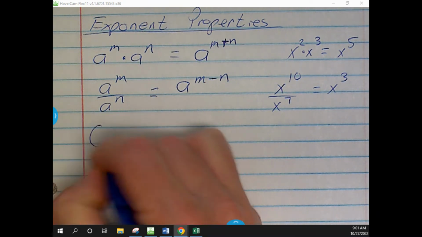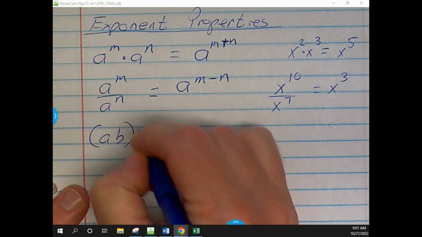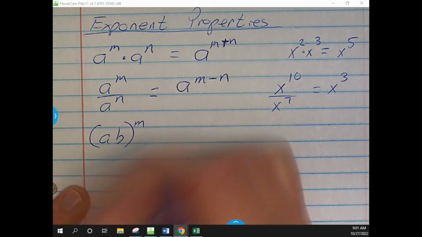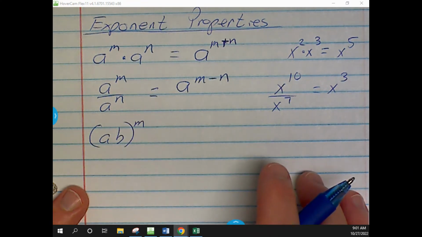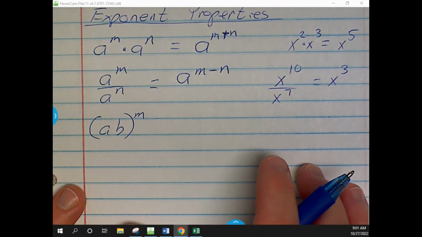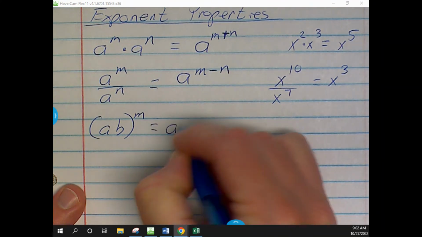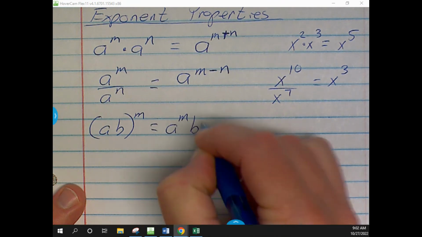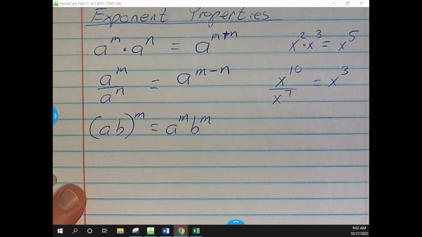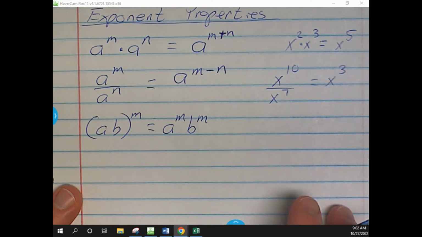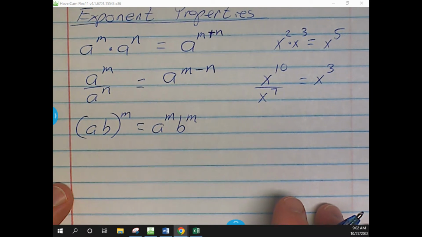Okay, and this is one we'll do, but you have to expand on it a little bit. If it was ab to the m power, that's going to be a to the m power and then b to the m power. I always like to expand this one a little bit because sometimes it's not real obvious.